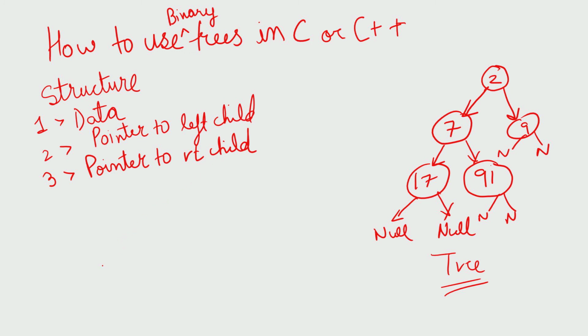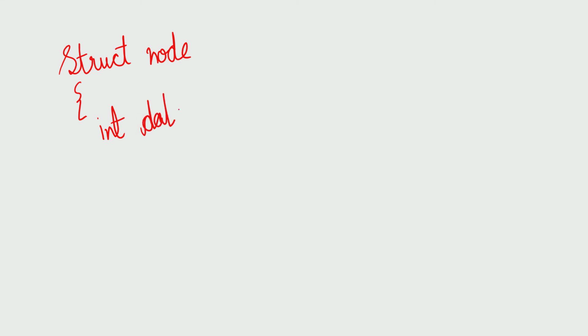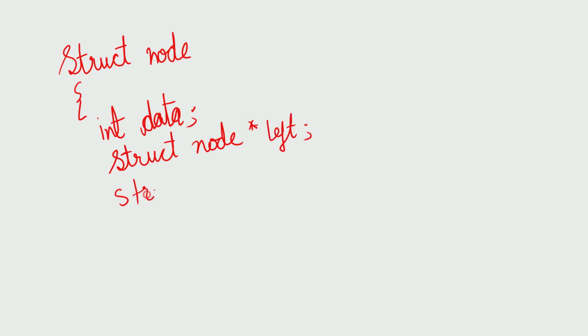Now let me write some code for you and tell you how to implement it. Struct node, and then int data, semicolon, and then struct node star left, and then struct node star right.